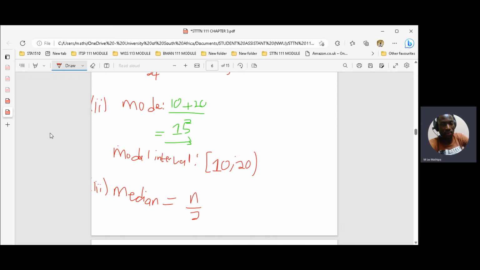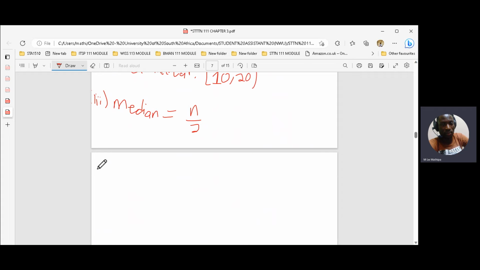Always remember that for median of a grouped continuous data, we use n divided by 2. Then I will explain this one on a later stage, because for this one we need to draw a graph. Then for the position of Q1, it's n divided by 4.